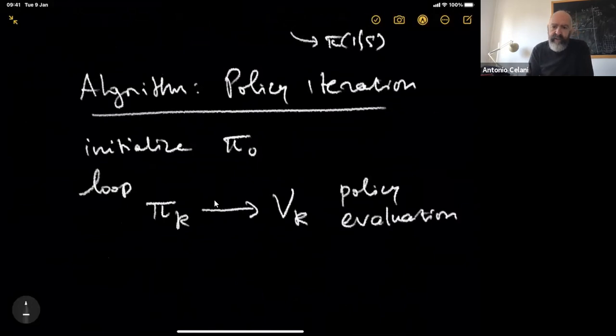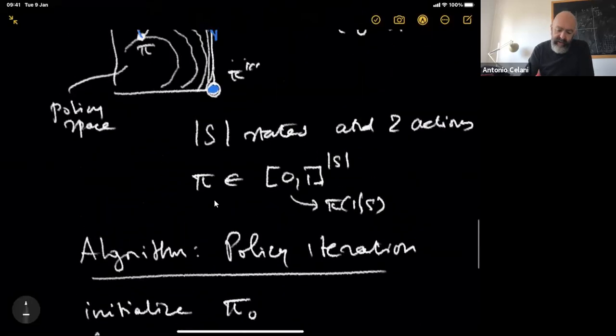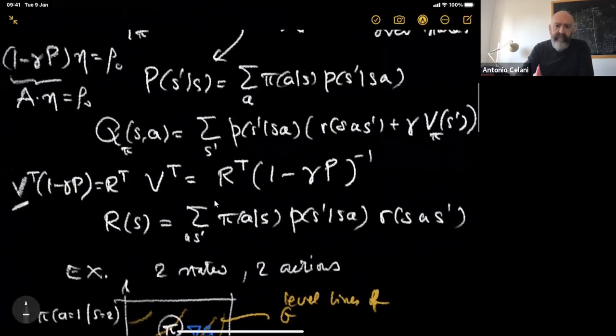Okay, it's pretty self-explanatory as a term. You have a policy and you compute a value function. Now, from this value function, you can compute the corresponding Q, which is defined, you remember, here.